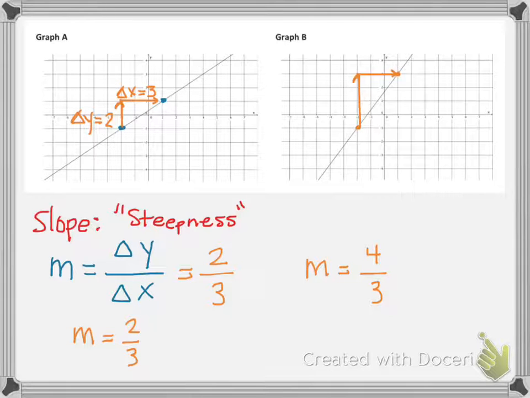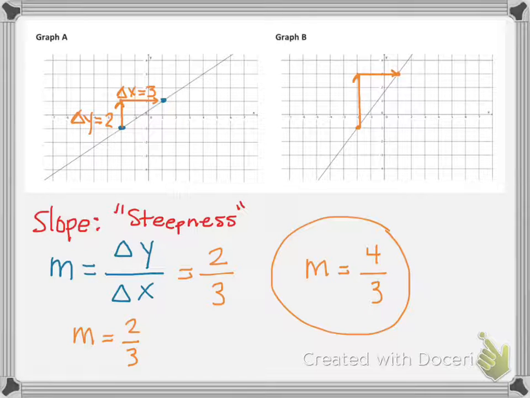So my slope would be 4/3. And the one that's the greater value, 4/3 is greater than 2/3. So this line would have the greater slope, which means it's steeper. We could kind of tell that from the picture.